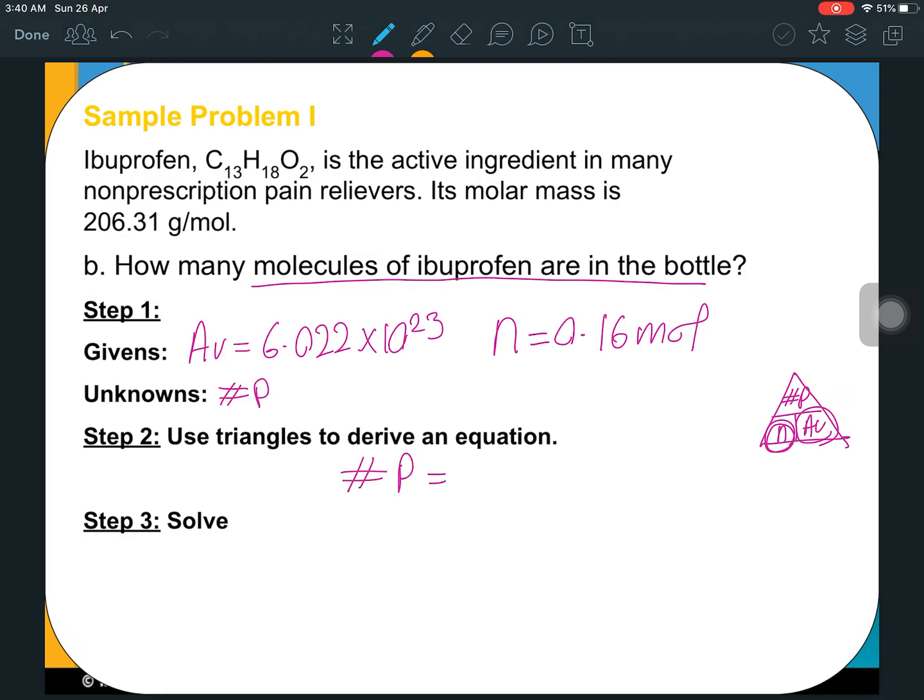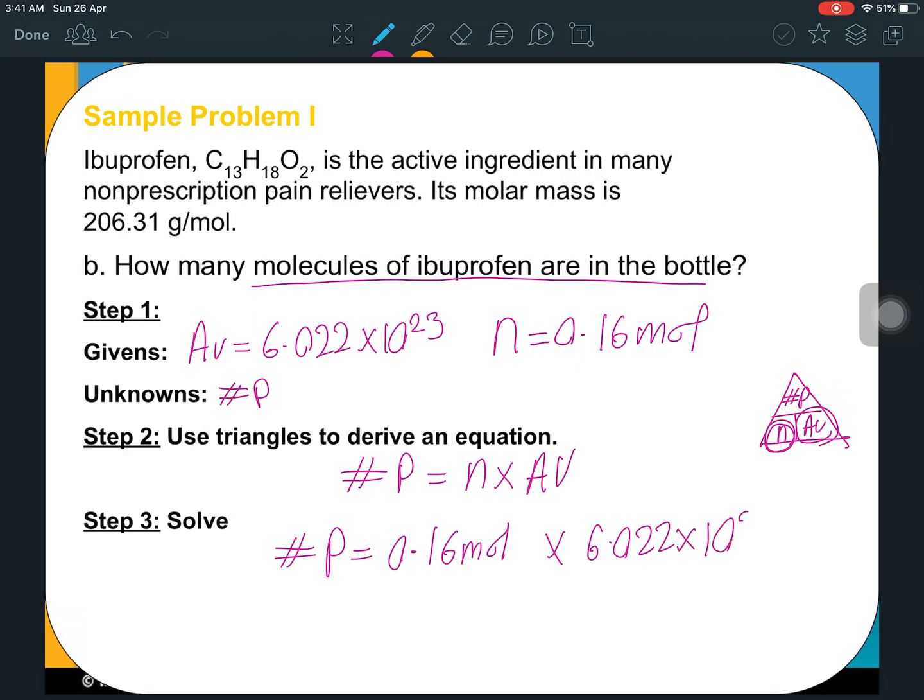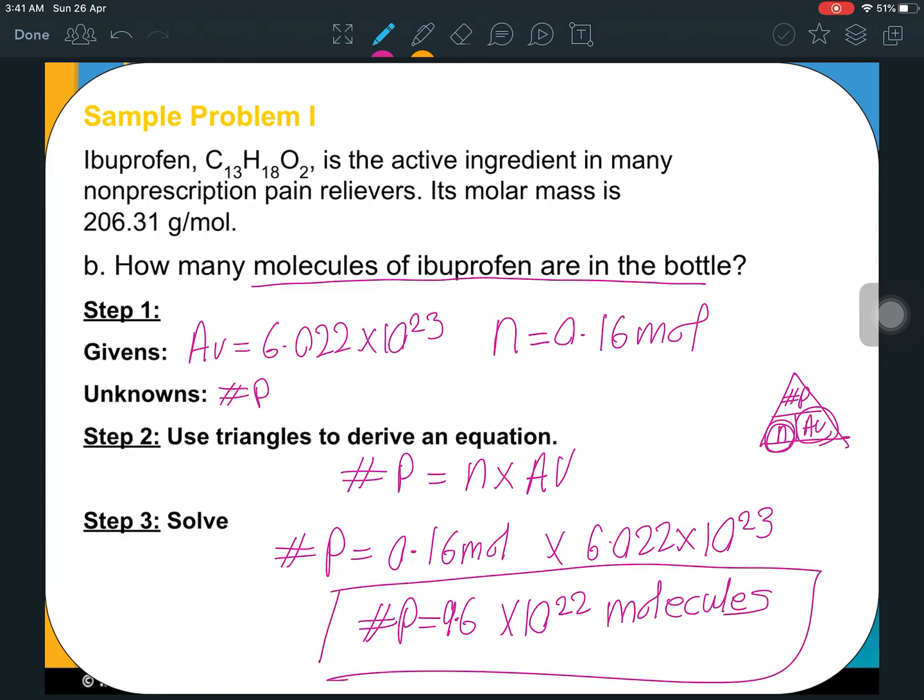Number of particles is equal to N times Avogadro's number: 0.16 moles times 6.022 times 10 to the power 23. So the number of particles is equal to 9.6 times 10 to the power 22 molecules. There we go. See?